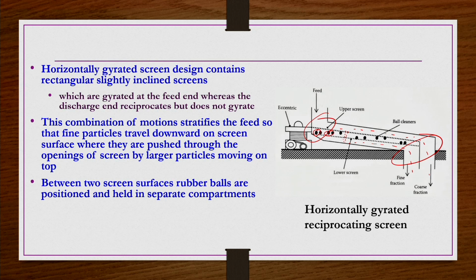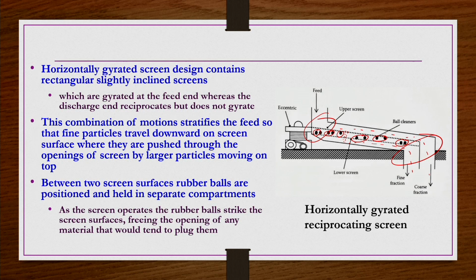Between the screens, these rubber balls are provided in a separate compartment, and they move in such a way that as the screen operates, the ball strikes the screen surfaces, so that whatever the opening of the material is there is being freed, if at all there is a possibility of plugging.